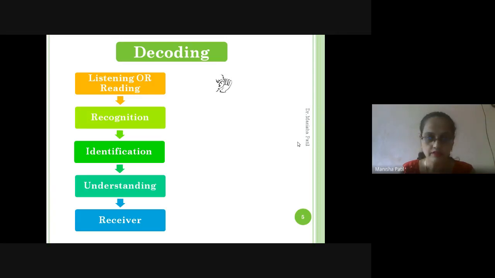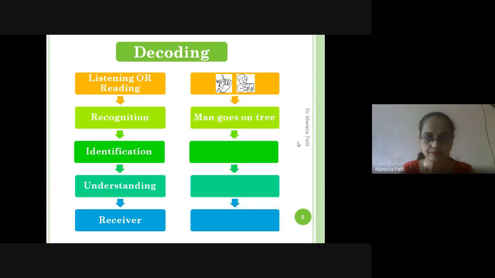So, first you listen or read. What is read? Mangoes on tree. But now see the identification. Man goes on tree. What is the understanding? I am going to the previous slide.